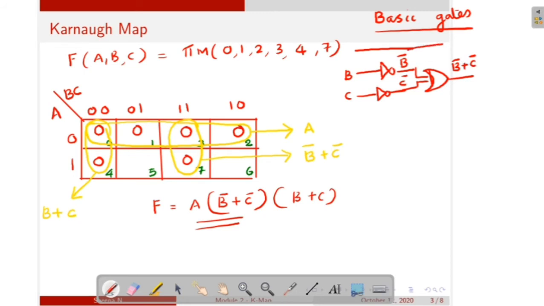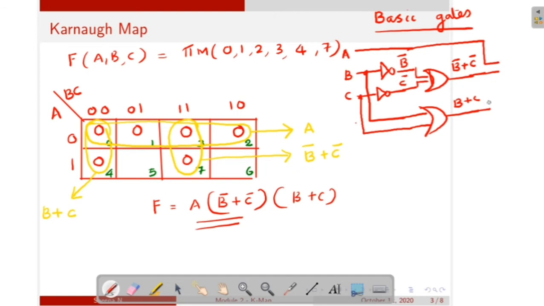So we have the first term A, then B bar plus C bar, then this B and this C put together, we get B plus C. So we have three terms: A, B bar plus C bar, and B plus C.